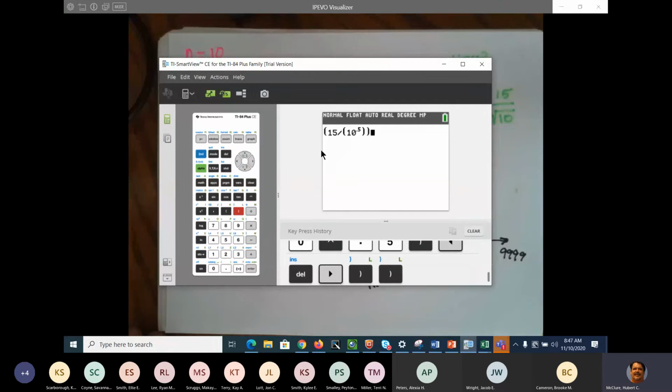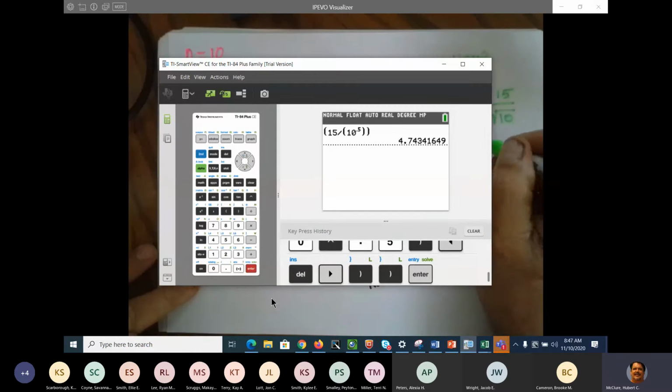So I took 15 and divided by the square root of 10. See what y'all get. I got 4.743 and so on. So with your new or old calculator, your new standard deviation is right there.